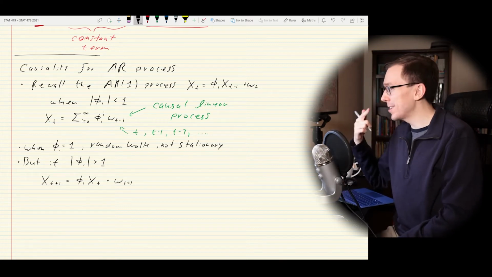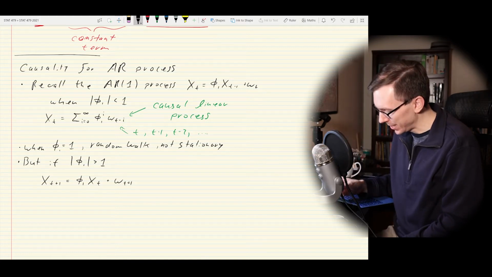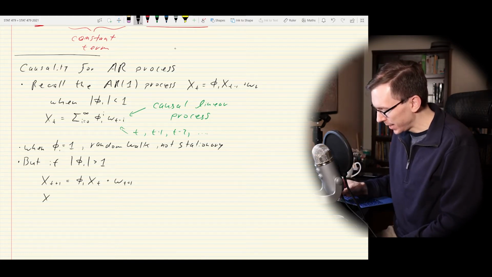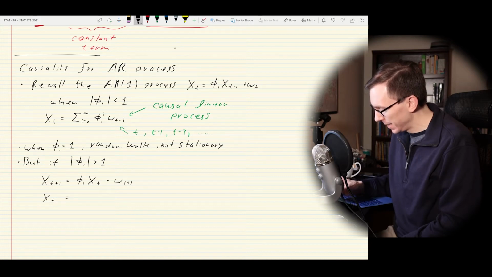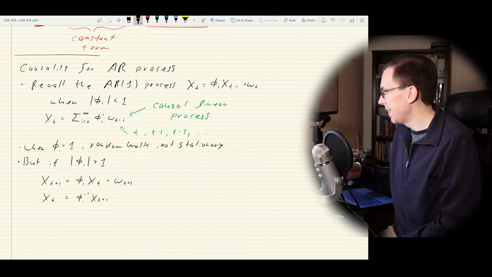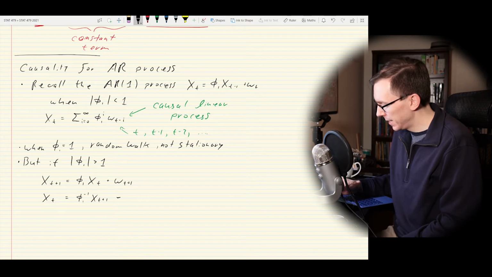Now if we rearrange the terms in this equation, we can write x_t as phi 1 inverse x_{t+1}, and then we have to subtract a phi 1 inverse w_{t+1}.